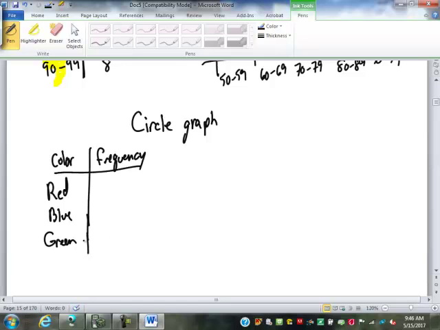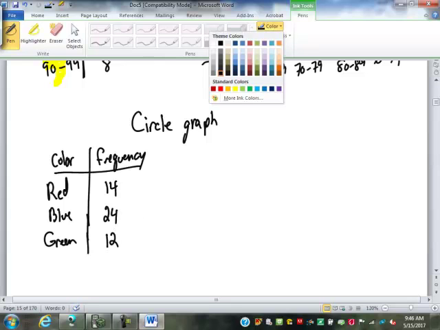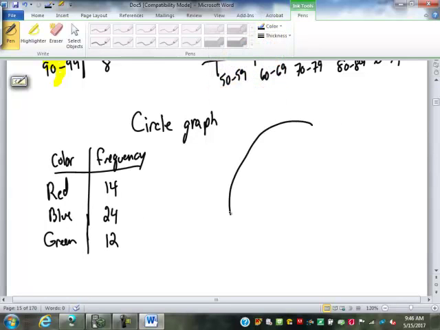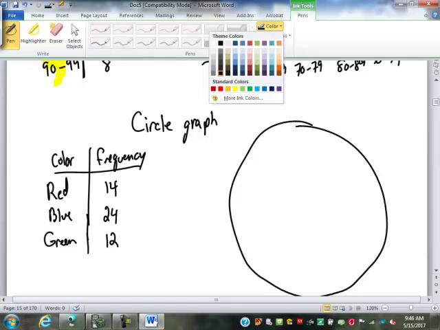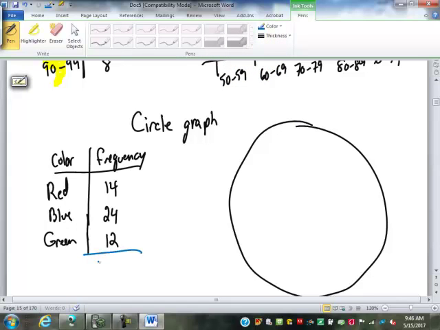Red, blue, green, let's say the frequencies are 14, 24, and 12. To make a circle graph or a pie chart, I need to know percentages. So to do that, I have to first find the total. If I add those all up, I get a total of 50.